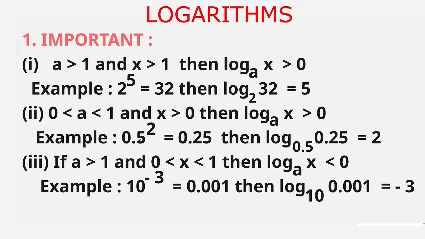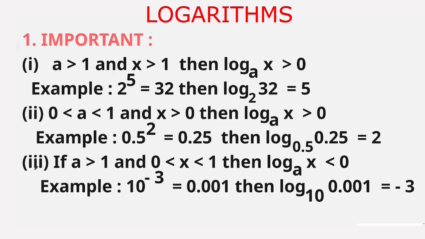Here 0.5 is in between 0 and 1. 0.25 is greater than 0, that is x is greater than 0. Then log 0.25 base 0.5 equals 2. Here 2 is greater than 0.